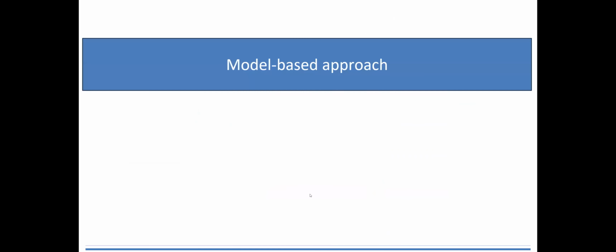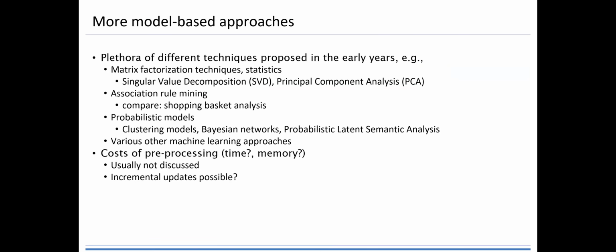This lecture, this slide, will discuss more about the model-based approach. Some of them can be explained, but models based on numbers, like SVD, are difficult to explain.